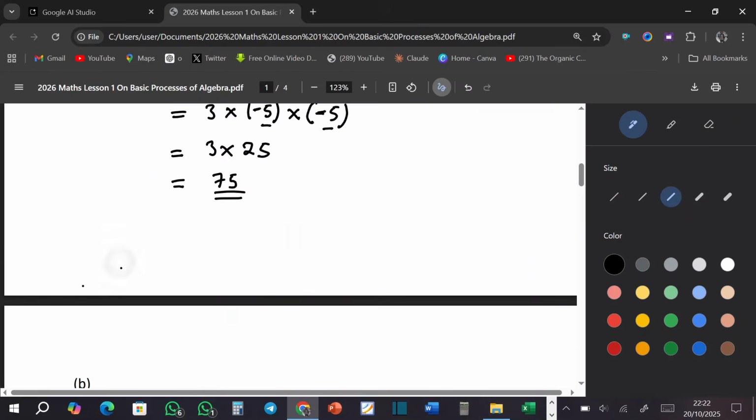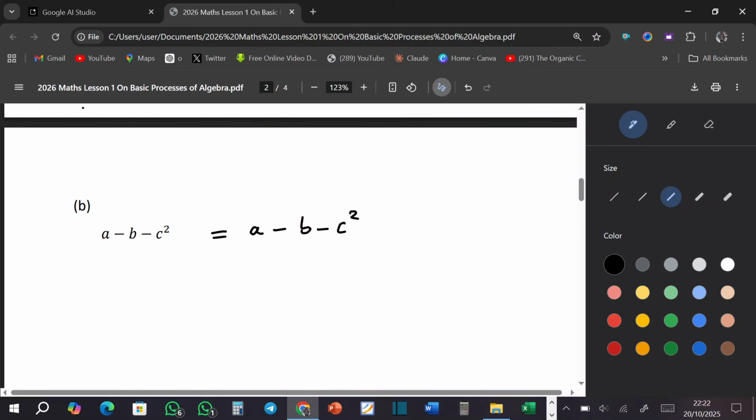So you come back and substitute. You say equals a is 3, then you put minus, then where there's b, open bracket, there's negative 5, then minus, then where there's c, there's 4. So here you just put 4, then to power 2, that 2 there.